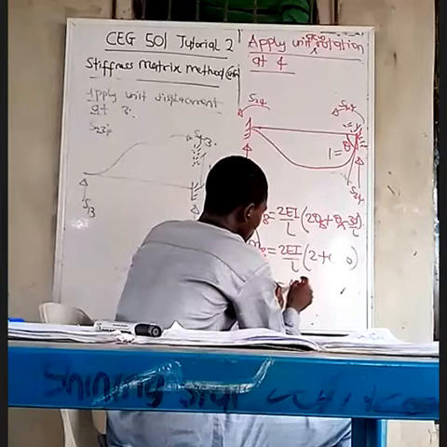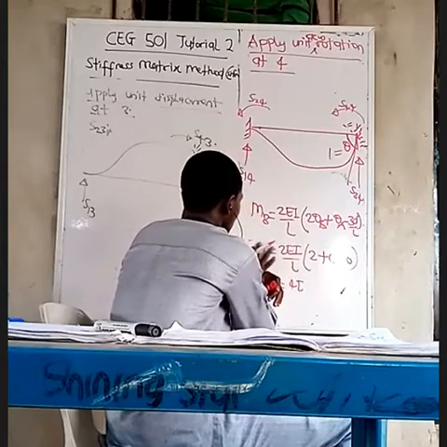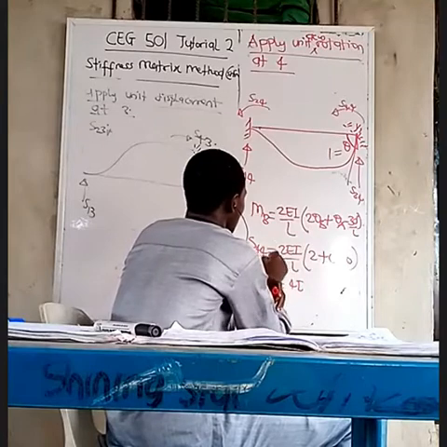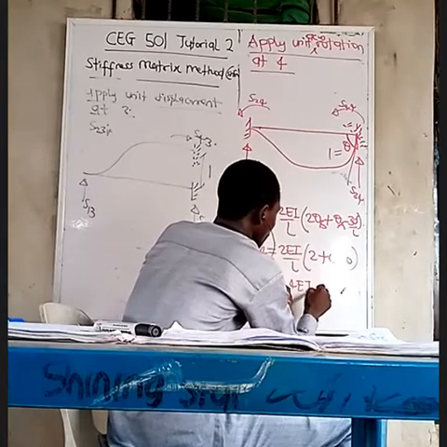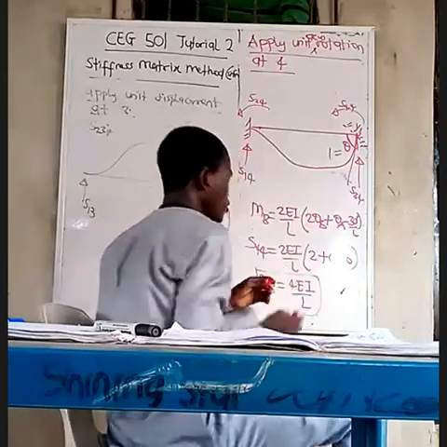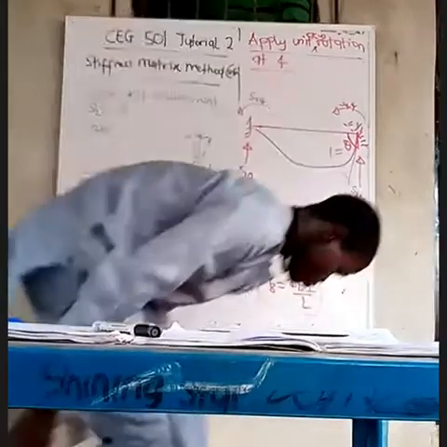So MB equals 4EI, S44. F44 equals 4EI over L.